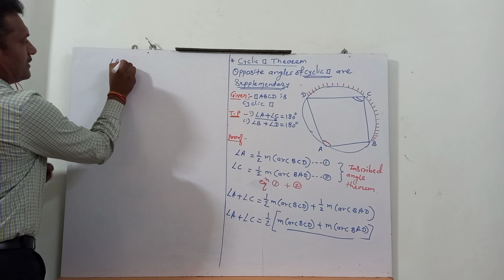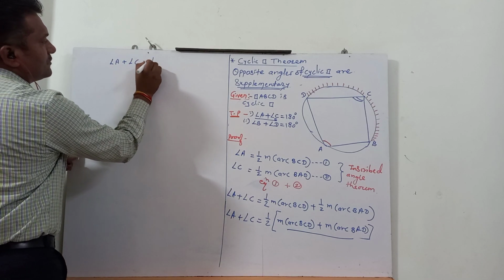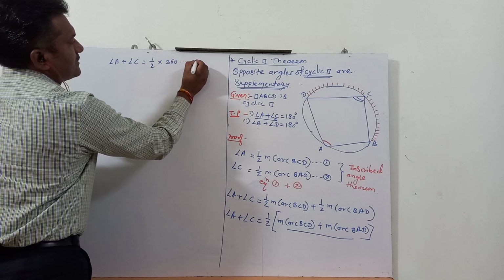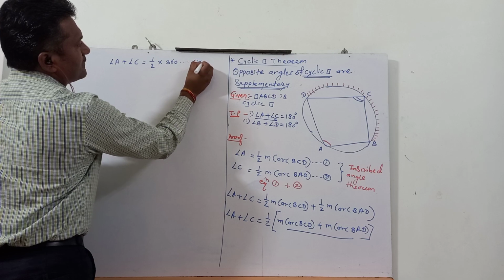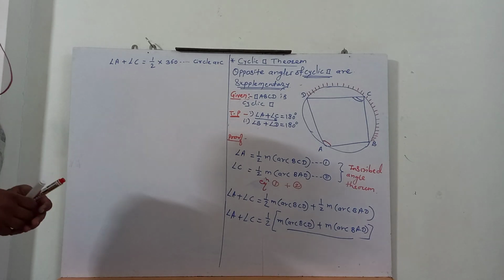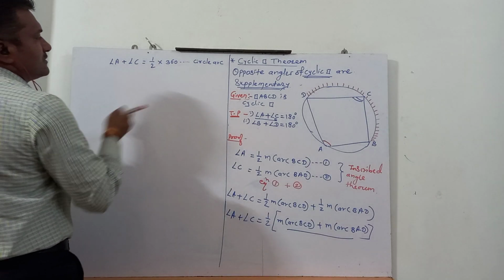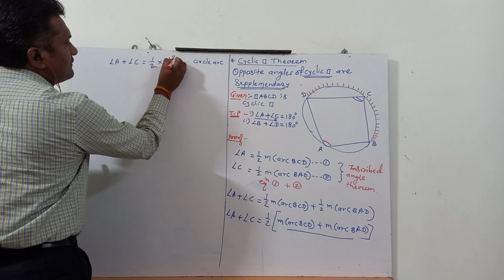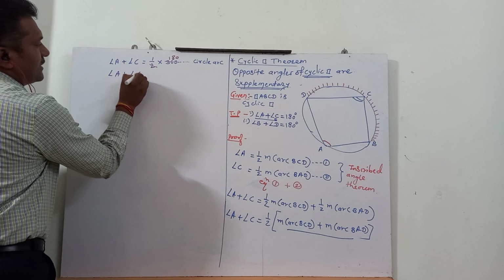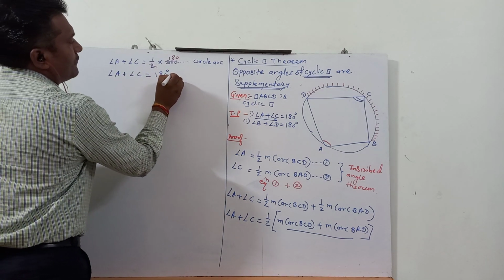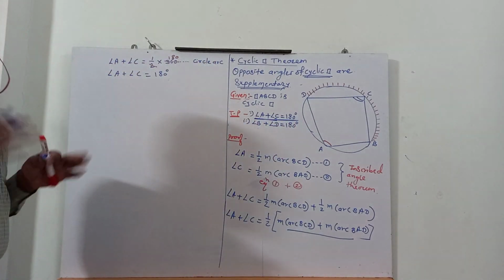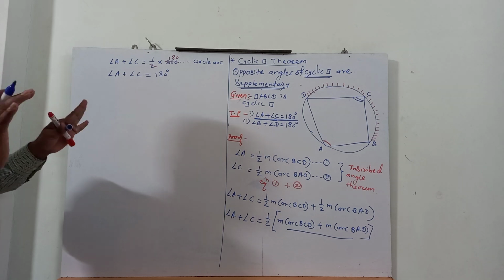So angle A plus angle C is equal to half into 360. Isn't that the circle arc? What is the reason for that? Circle arc, right? Okay. Now just cancel it. After reducing, what are you getting? Angle A plus angle C equals how much? 180 degrees. So here we completed the first to prove that angle A plus angle C equals 180 degrees.